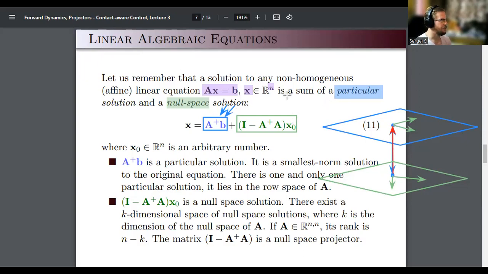So null space solutions, I wrote them in this form. Why did I do that? What I'm trying to explain here is that null space solutions can be written as a projector. You have x0, where x0 is an arbitrary vector, just any vector in Rn. But we can project it into the null space of A. How do we do it? We use the null space projector.